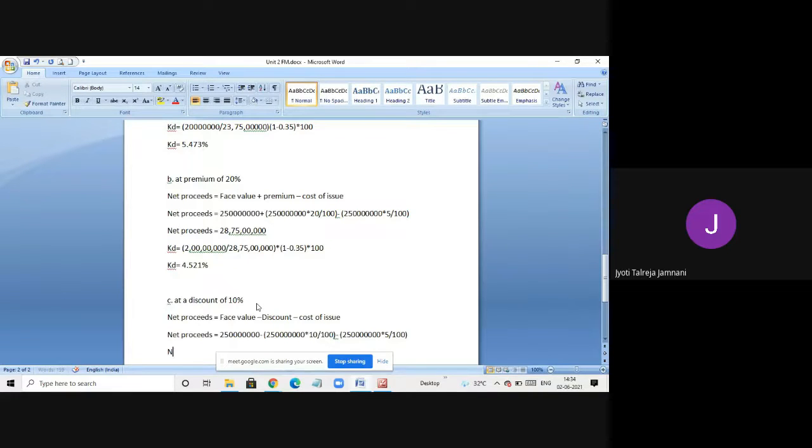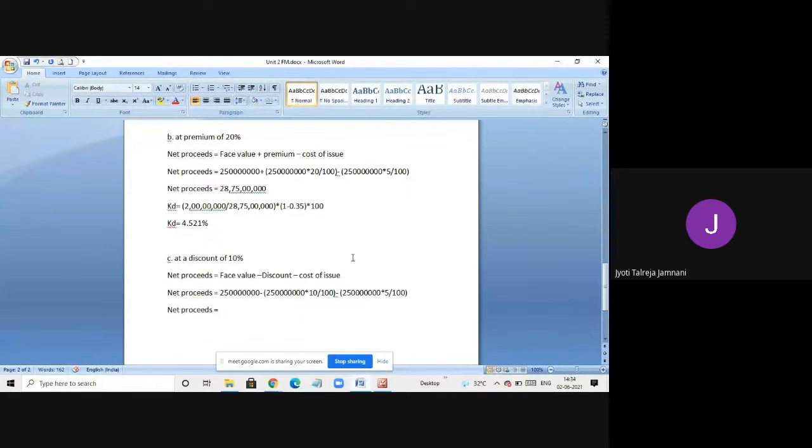So net proceeds will be equal to 25 crores minus 10% of 25 crores, which is 2 crores 50 lakhs, minus 5% of 25 crores, which is 1 crore 25 lakhs.